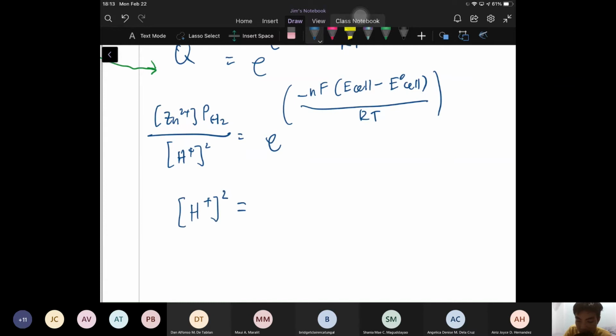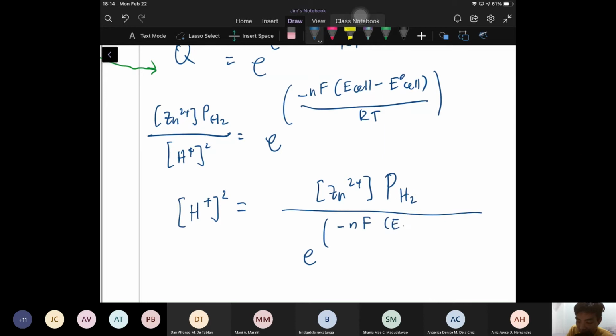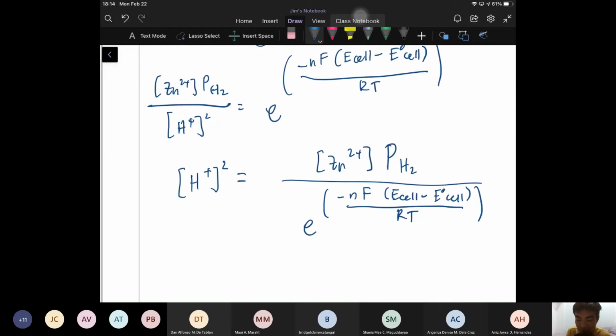Okay, so that will be the concentration of zinc 2 plus, pressure of hydrogen gas divided by the exponential negative nF, E cell minus E not cell over RT. Nag-algebra lang ako, walang chemistry dito.